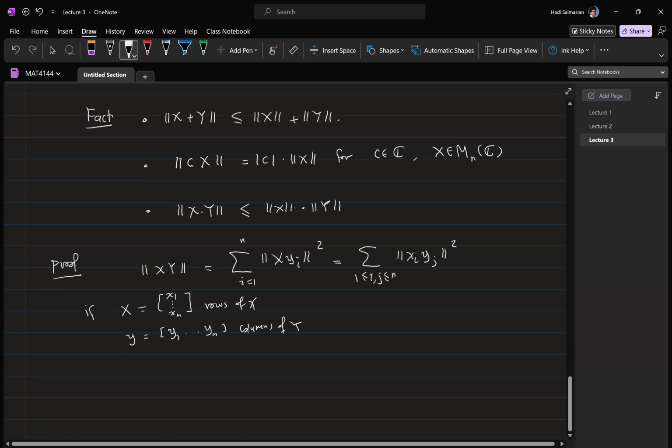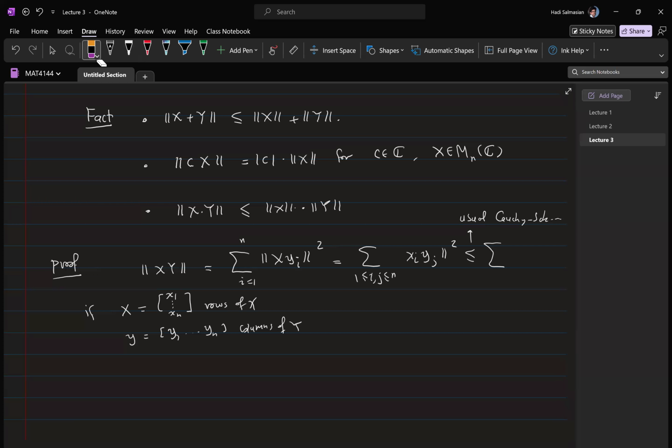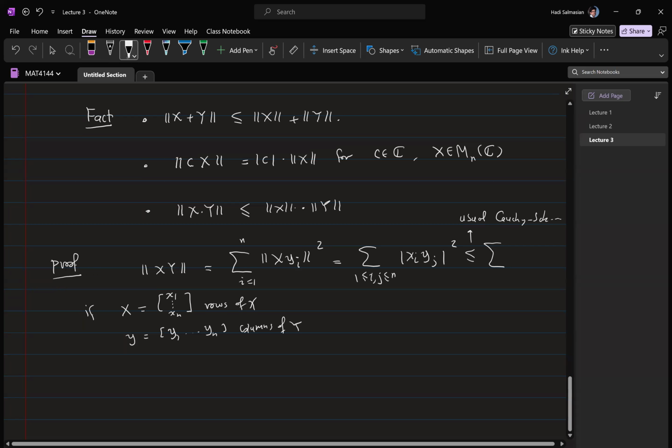So we get this. And now, here is the usual Cauchy-Schwarz for two vectors. It says that the norm of this product, which is really an absolute value because this is just a 1 by 1 matrix, is less than or equal to the norms of the vectors x and y squared.